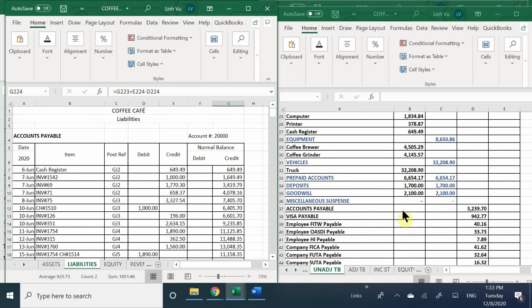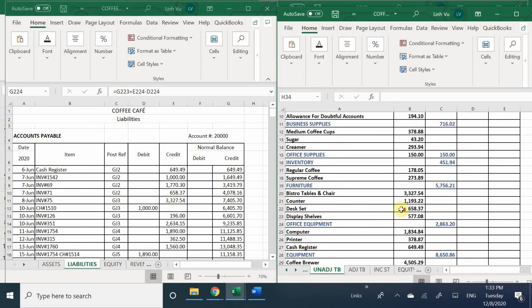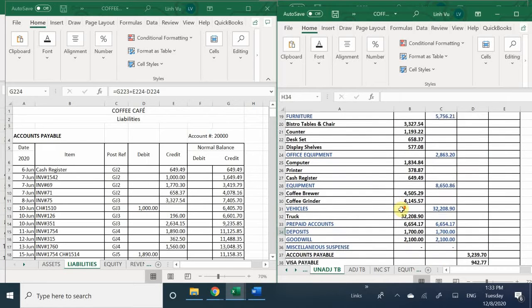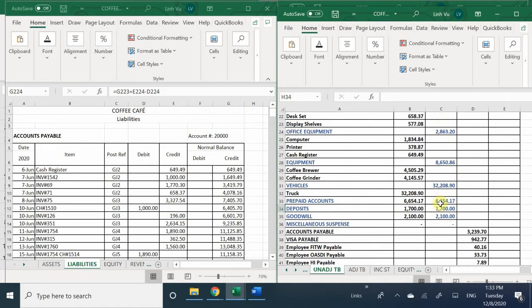Okay, so here, where we last left off, we completed all of our asset accounts, and this is what we have in our total columns as far as main accounts. I made them blue so that we can recognize the difference between the sub accounts and the main accounts.